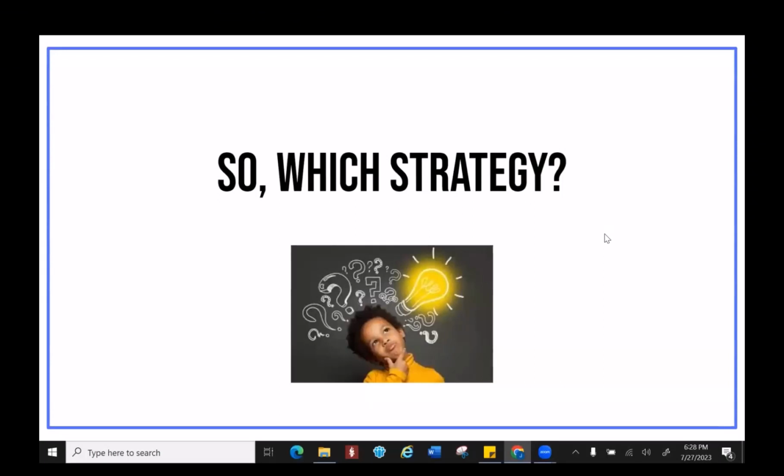So, which strategy? In mathematics, the emphasis is on the reasoning and thinking about the quantities within mathematical contexts. Specific mathematics strategies for teaching and learning are not mandated by the Georgia Department of Education or assessed on state or federally mandated tests.